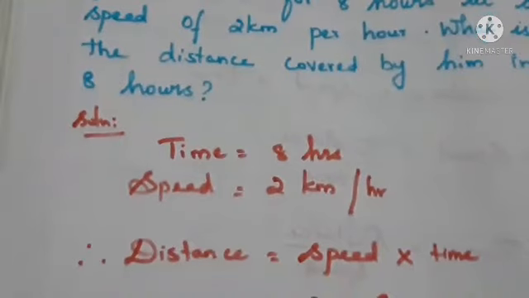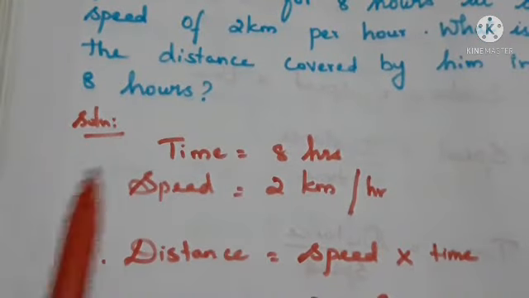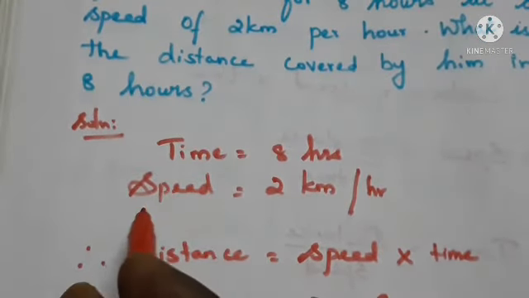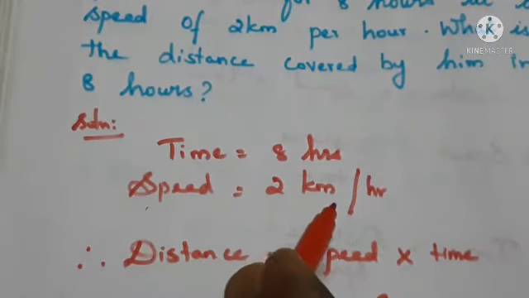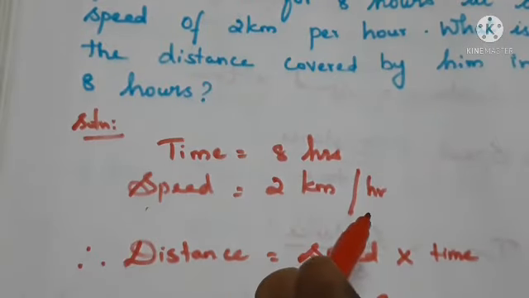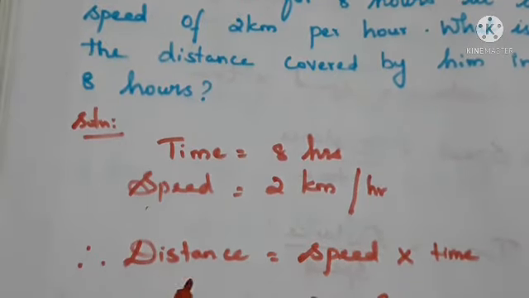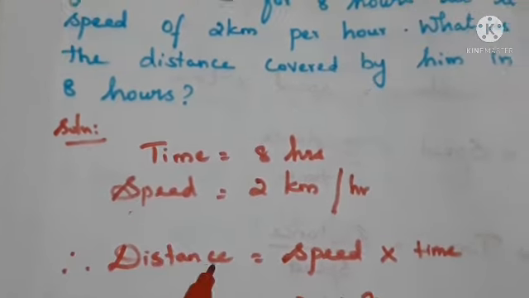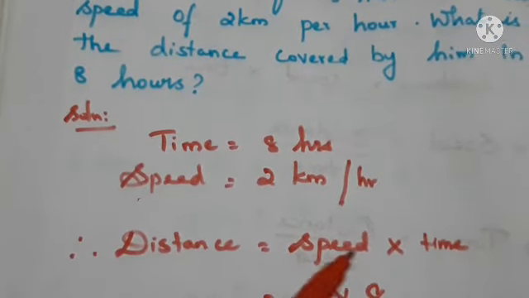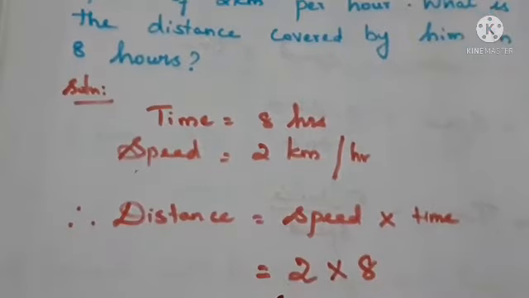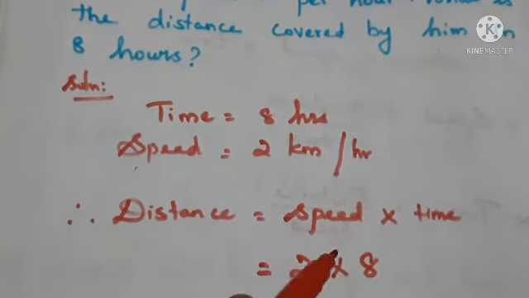So the given things are time and speed. Time is 8 hours and speed is 2 kilometer per hour. We have to find out the distance, and we know the distance formula: distance is equal to speed multiplied by time. Speed is 2 kilometer per hour and time is 8 hours.